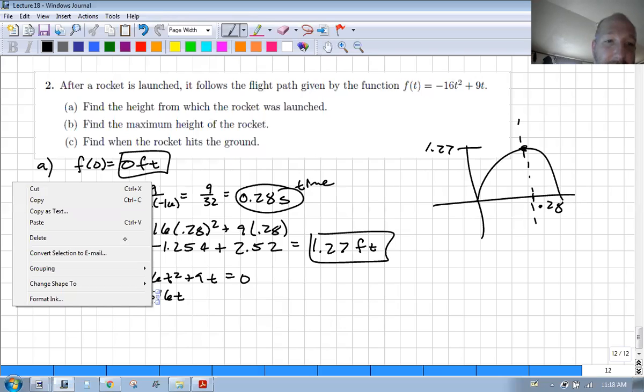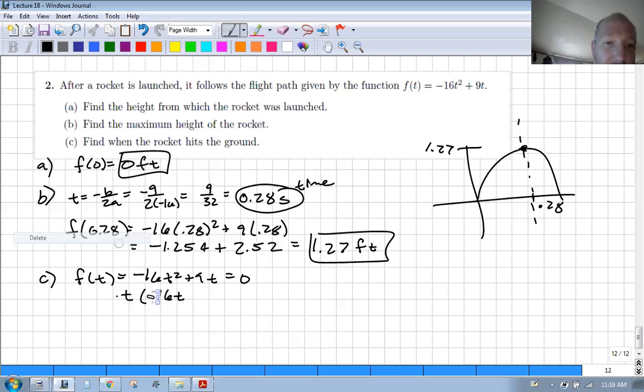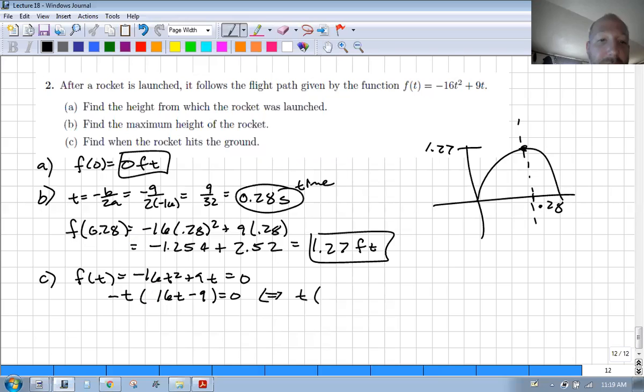Actually, let me pull out a negative t here. I get a 16t minus 9. All right. So I can multiply everything by a minus 1 and you can get rid of that. So this is the difference of two squares. No, it's not anymore. So, all right, it's factored.